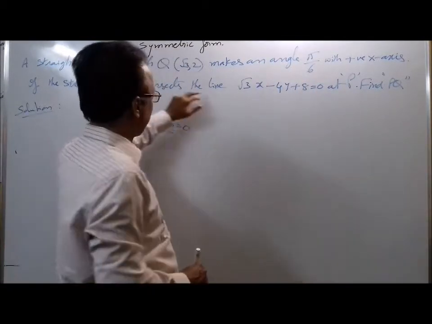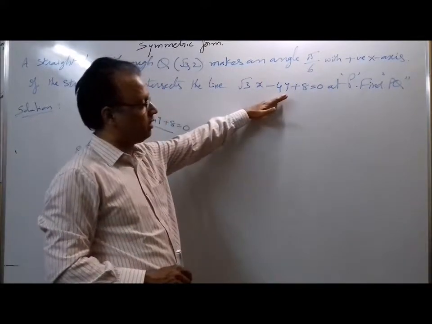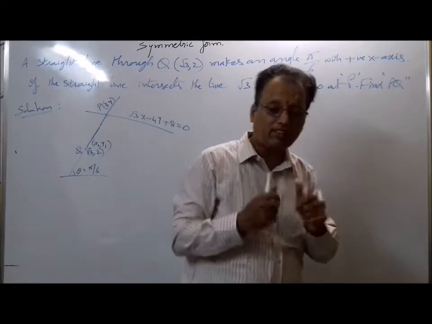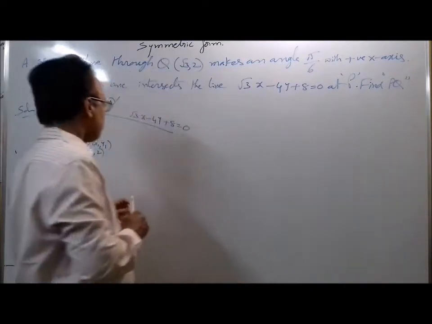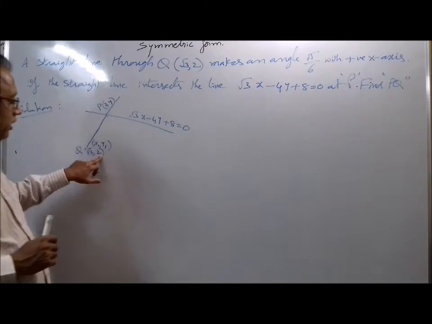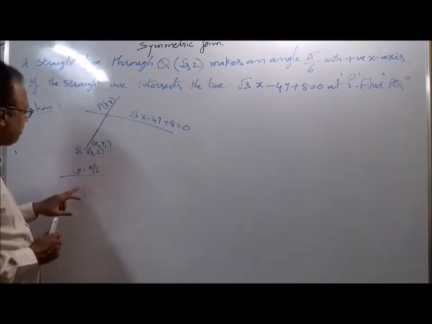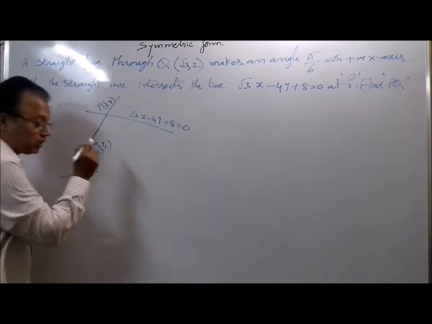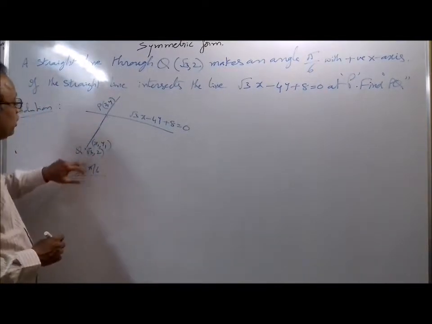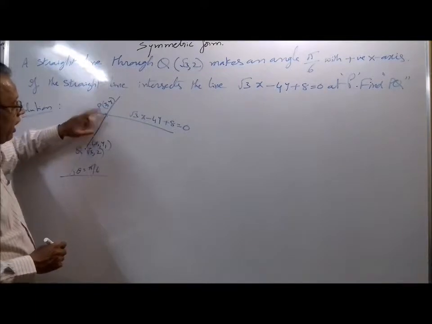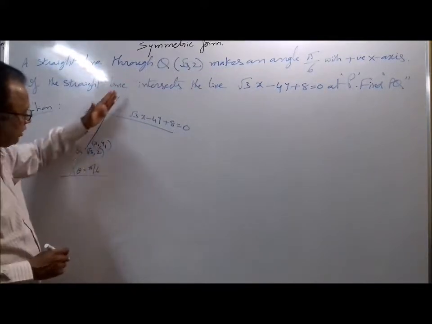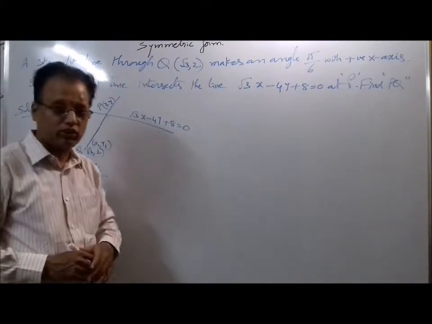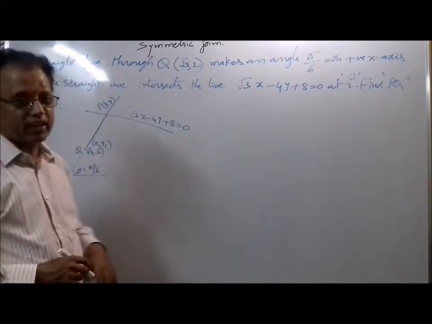If the straight line intersects the line root 3x minus 4y plus 8 is equal to 0 at P, then what is the distance? Now you are asking the distance R.